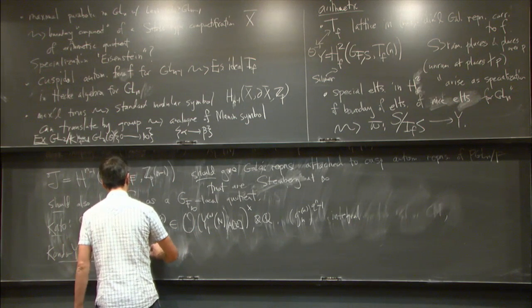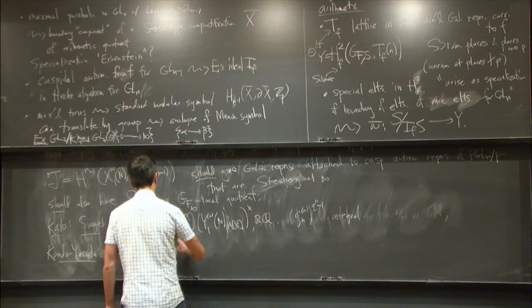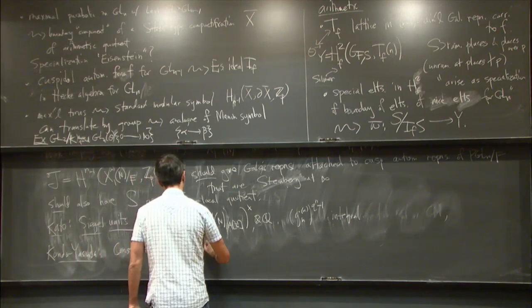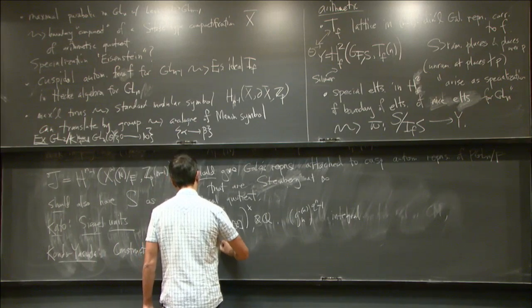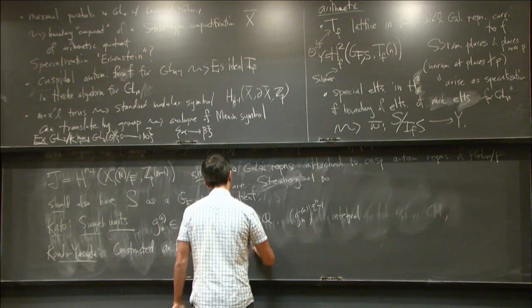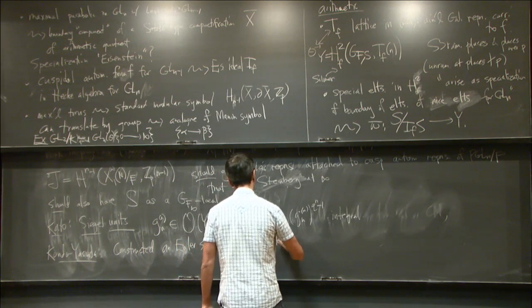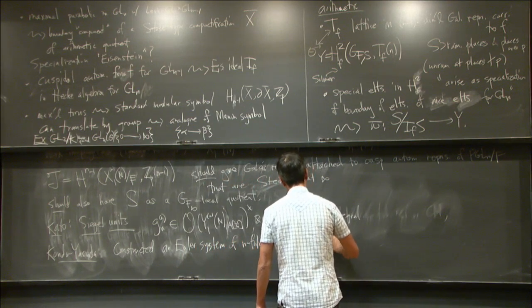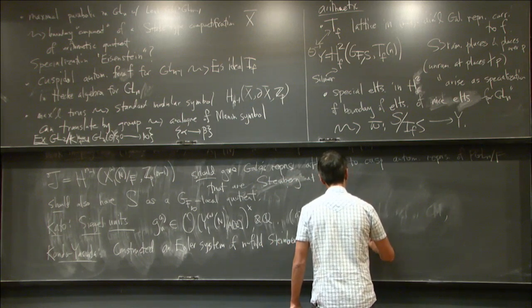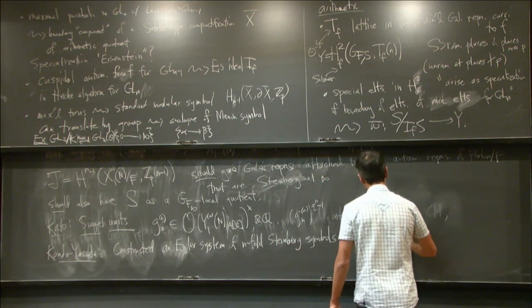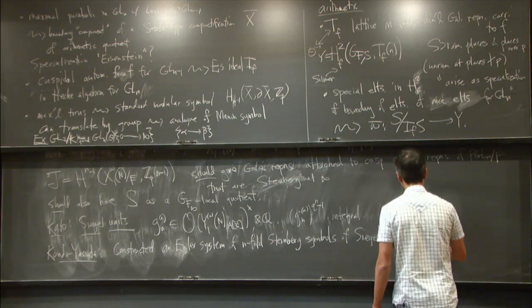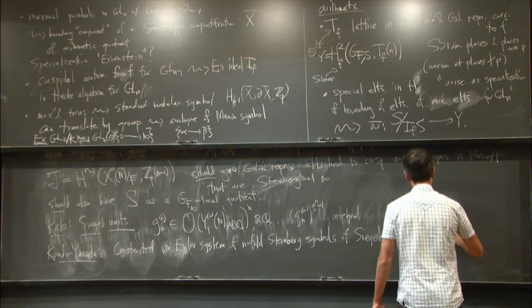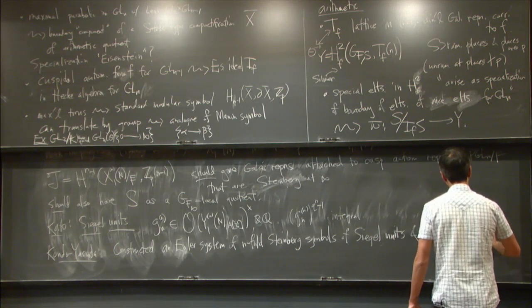For those more general things, they constructed an Euler system of n-fold Steinberg symbols of Siegel units, and they computed the regulator on them.